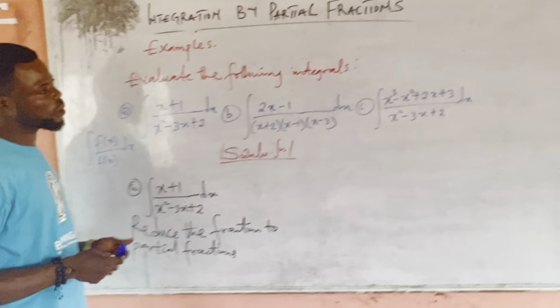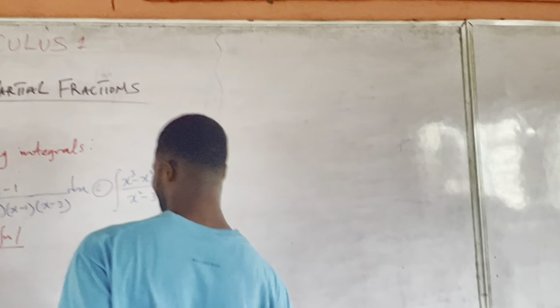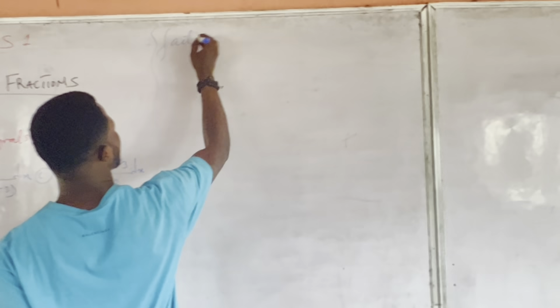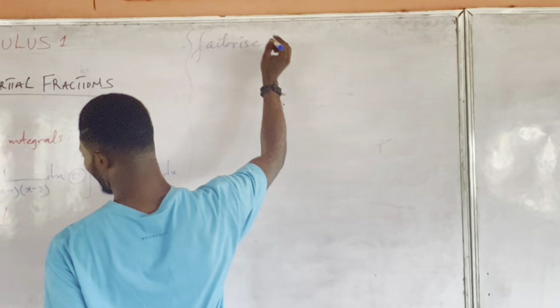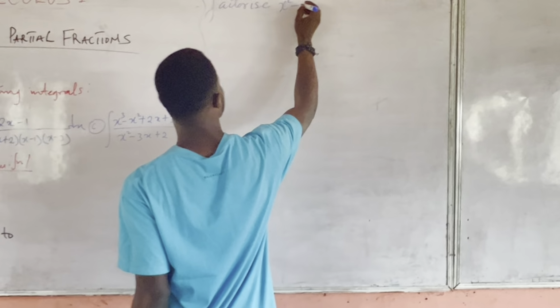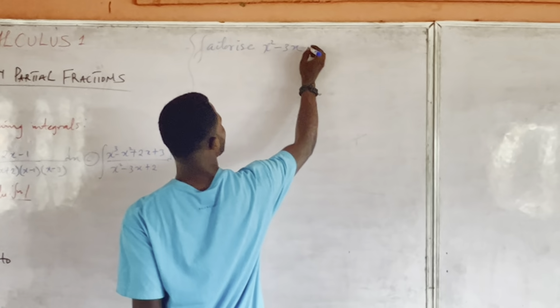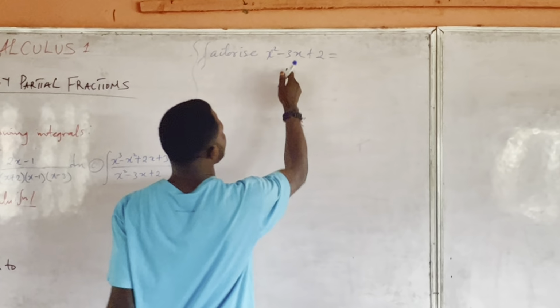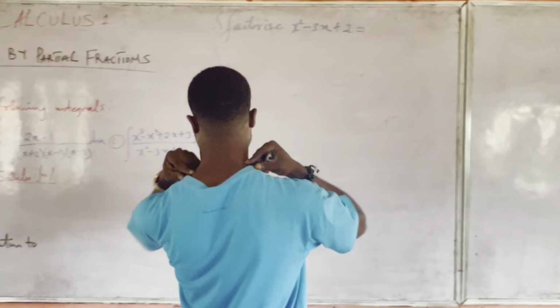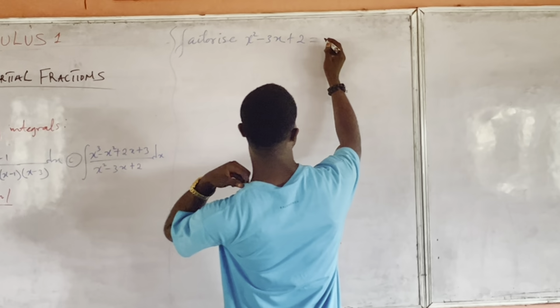And how do we do that? To do that, the first thing we do is let's factorize the denominator, which is x squared minus 3x plus 2. So if we factorize this, what are we going to have?